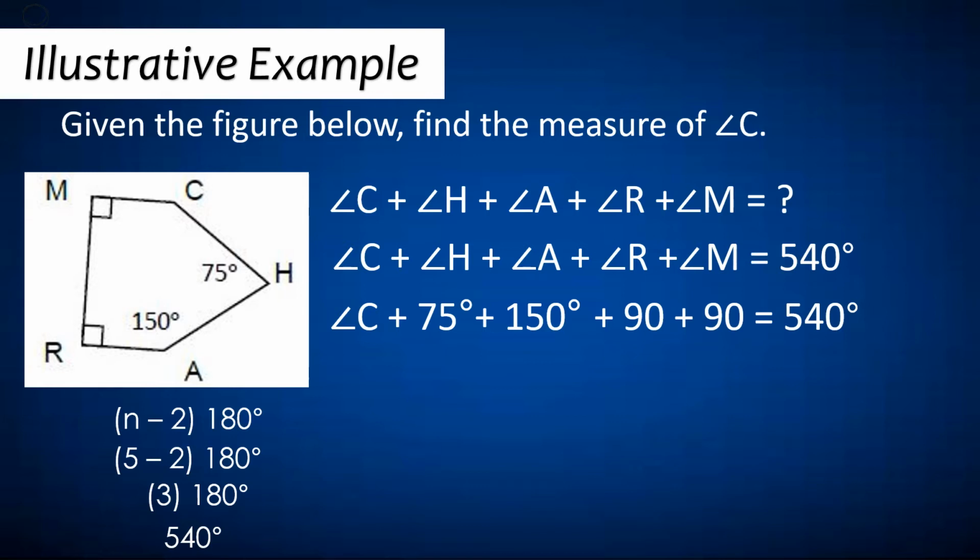Next, we will compute. Let us combine like terms. We have 4 constants on the left side of our equation, so we can add them. 75 plus 150 plus 90 plus 90 is equal to 405.